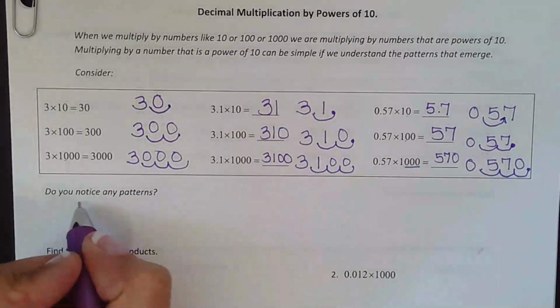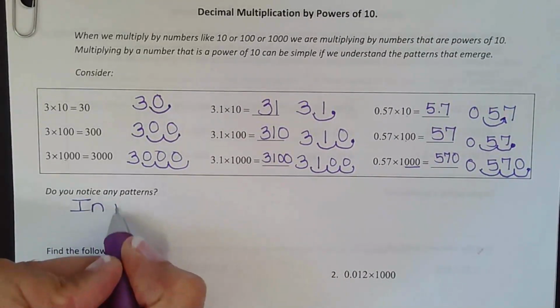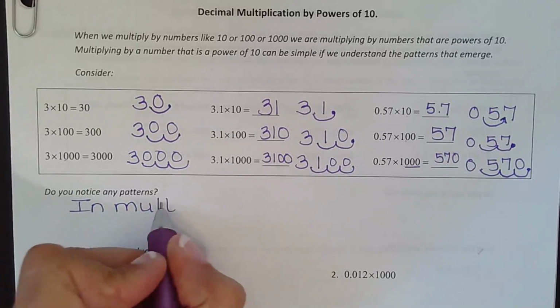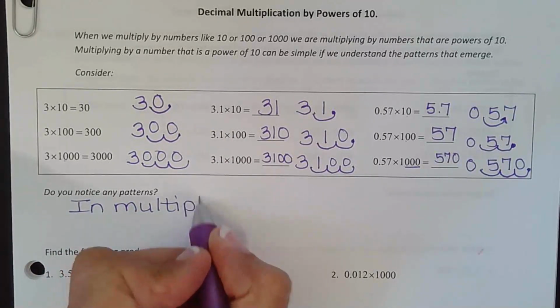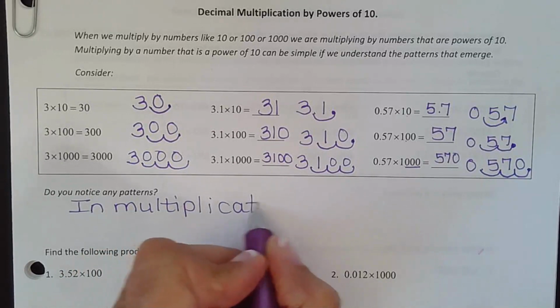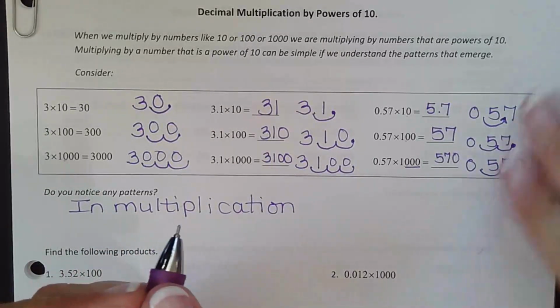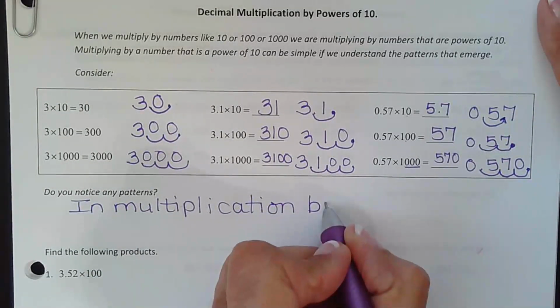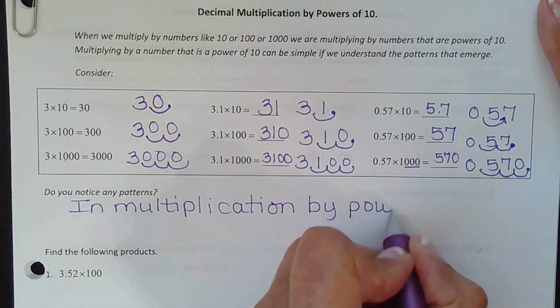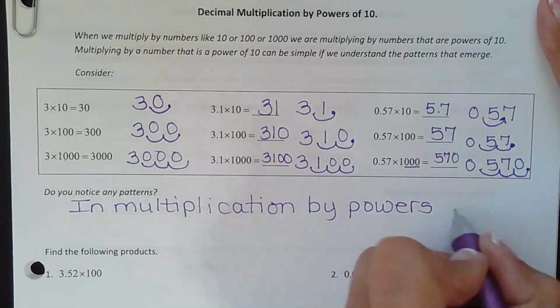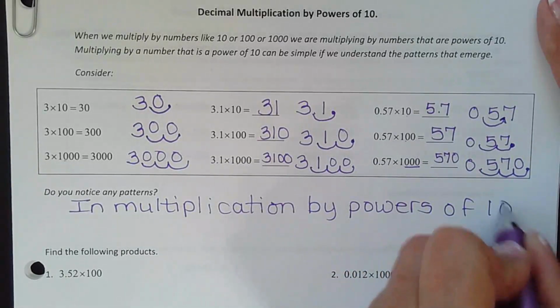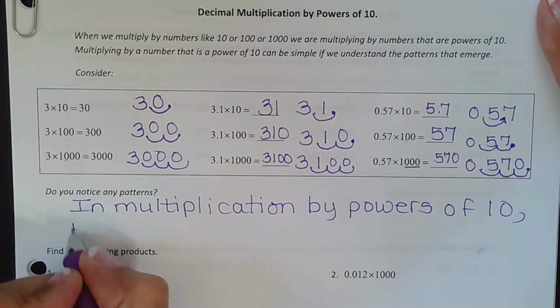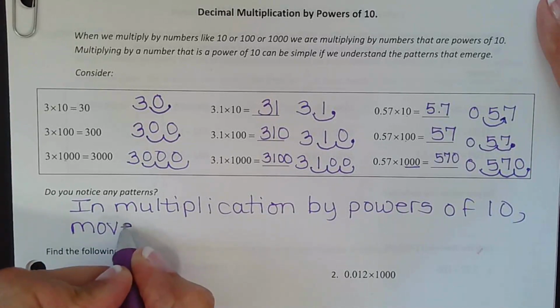So in multiplication by powers of 10, move the decimal to the right.